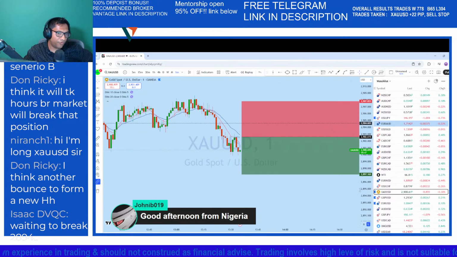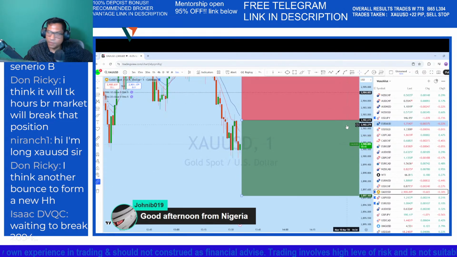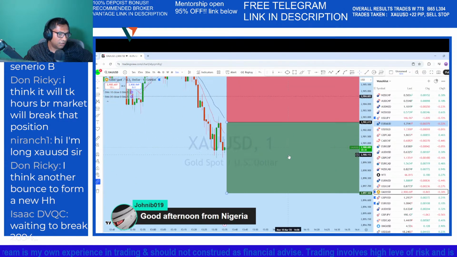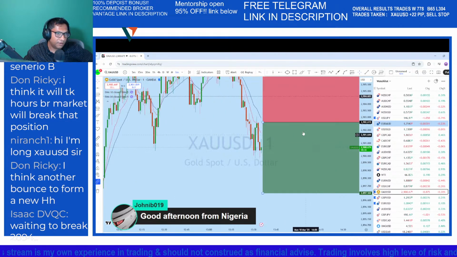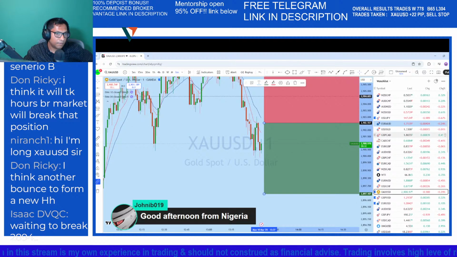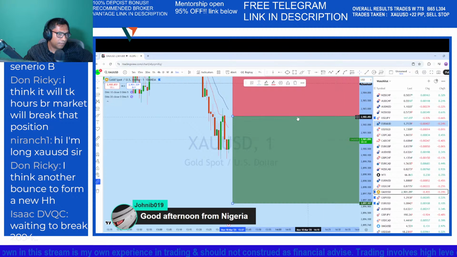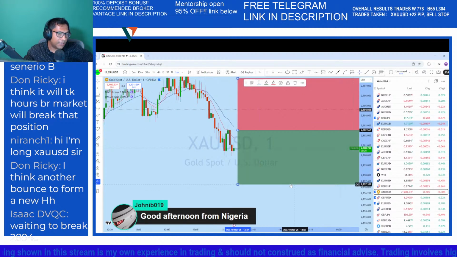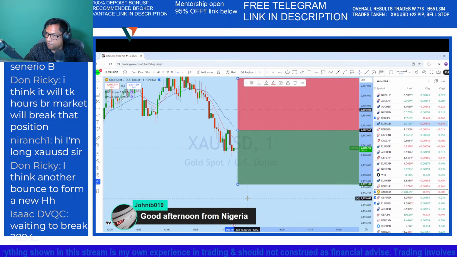Okay, the price action so far is bearish, still holding it, and we might see a potential liquidity grab here on the lower time frame. And that liquidity grab might bring that price back to the downside here.